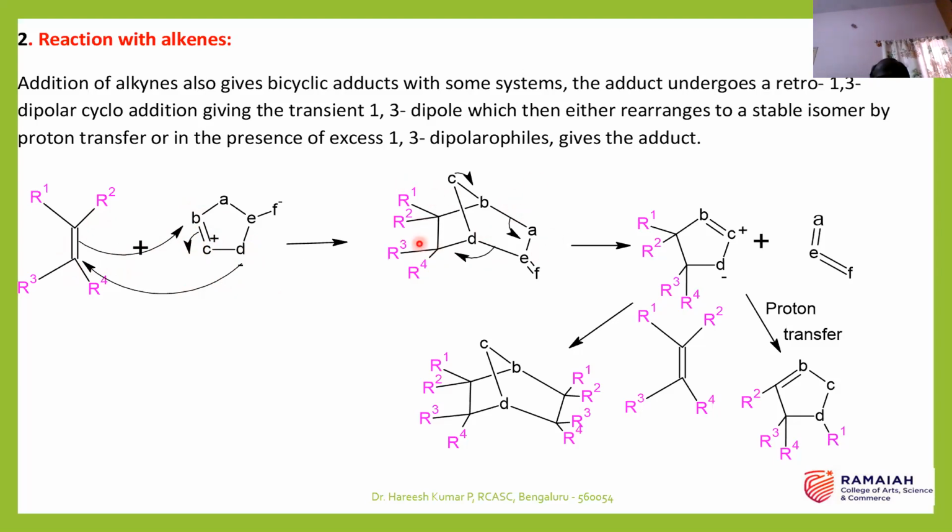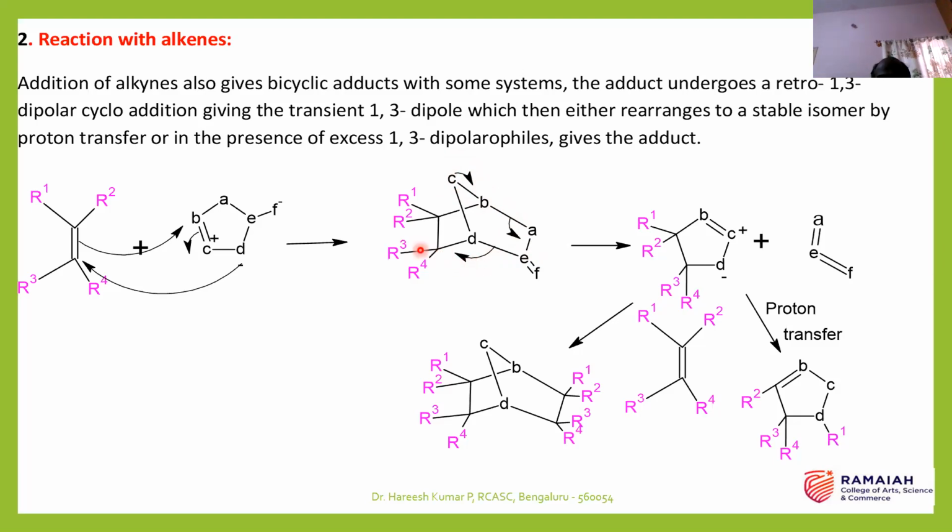The obtained adduct again undergoes retro addition. So what does retro addition mean? If this C is a heteroatom and it has a lone pair, that lone pair can come over here, and this bond pair can come over here, and this bond pair can come to this.